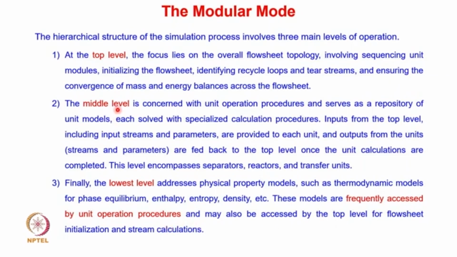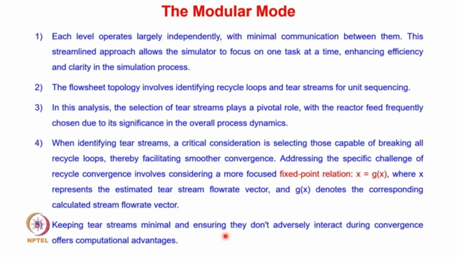So both the middle level and the top level are accessing these physical property models for flowsheet initialization and stream calculations. Each level operates largely independently with minimal communication between them. This streamlined approach allows the simulator to focus on one task at a time, enhancing the efficiency and clarity in the simulation process.